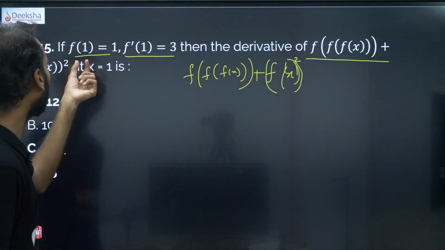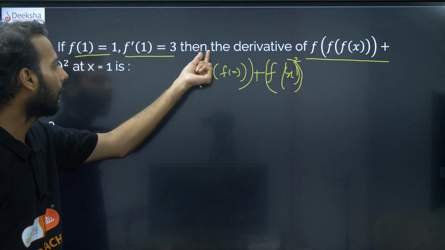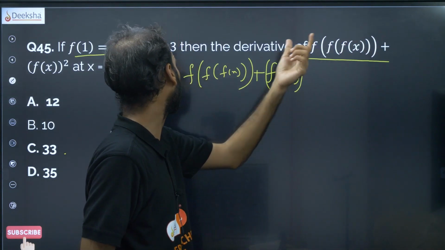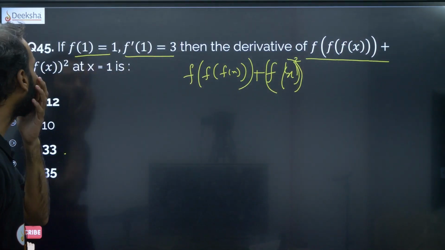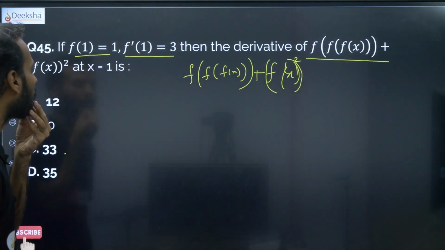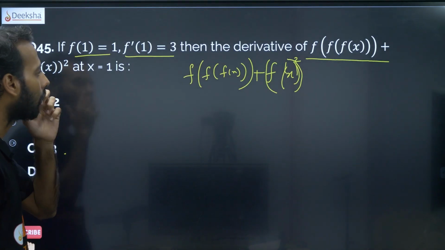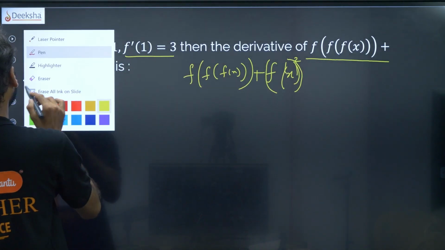So they are asking to find the derivative at x equal to 1. Let me write this properly.